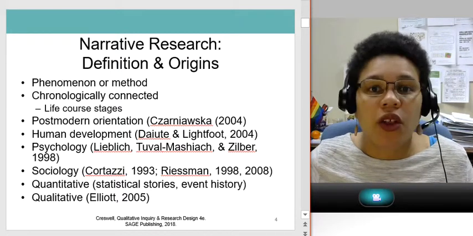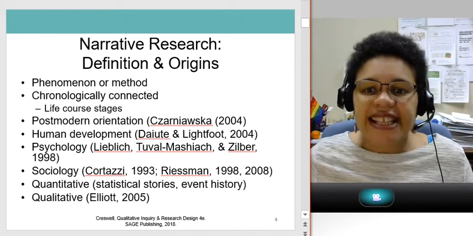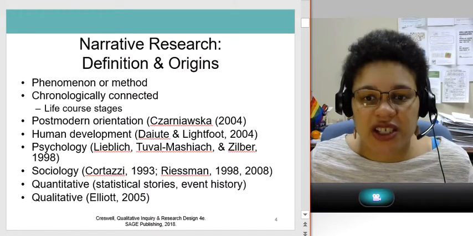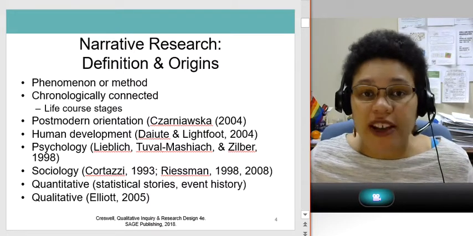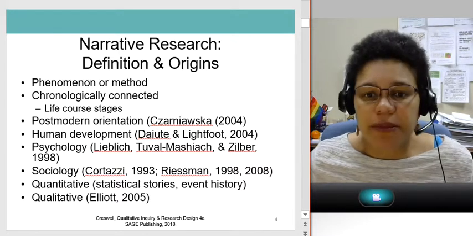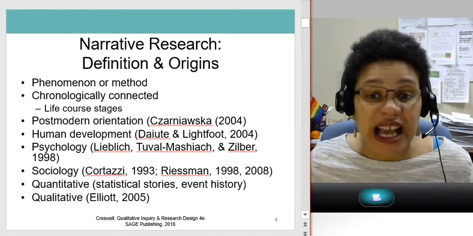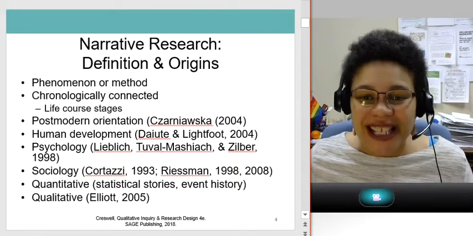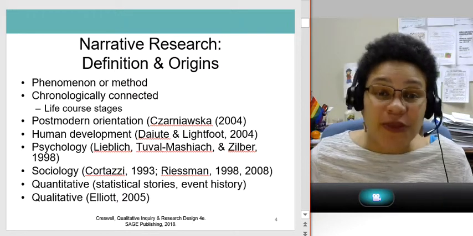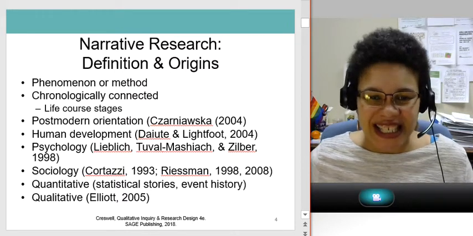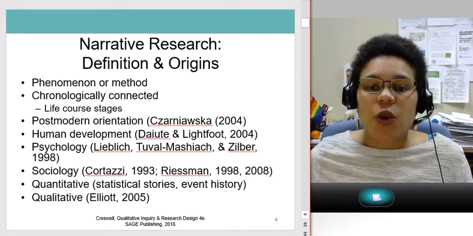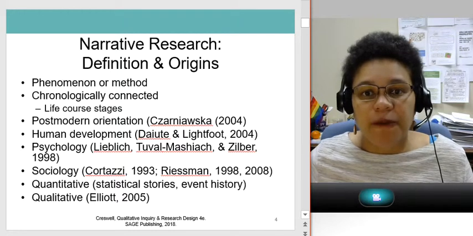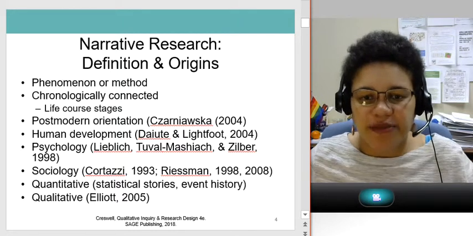It might go through the life course, and different authors have used this approach in different ways, whether it was a postmodern orientation or human development or using it in psychology or sociology. You can even tell statistical stories using it in quantitative ways and trying to create a story out of statistics. And then finally, this qualitative approach, Eliot, is who we really think of when we think of the kind of the life story approach.